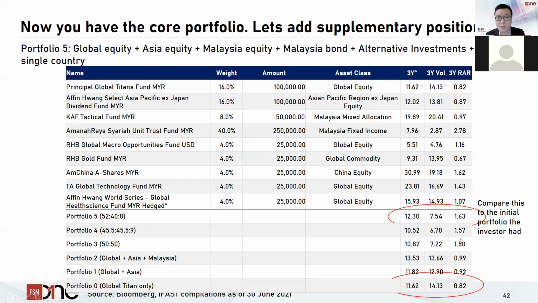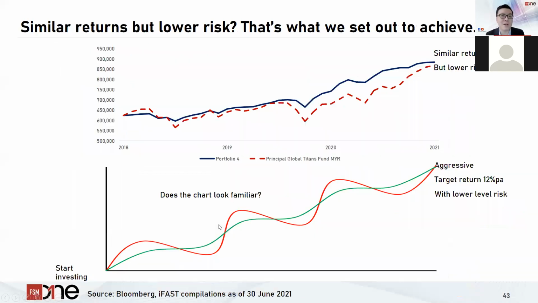The risk-adjusted return doubled just by diversifying across different asset classes, different regions, and not necessarily sacrificing your portfolio returns as well. So this is what we strive to achieve at the start, right? Very similar to what I illustrated at the start. We try to achieve the target return for aggressive investor with lower portfolio vol.